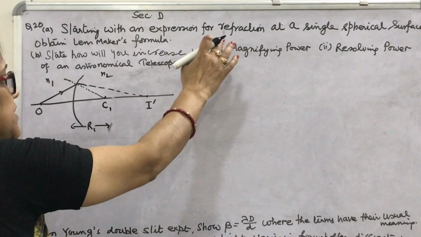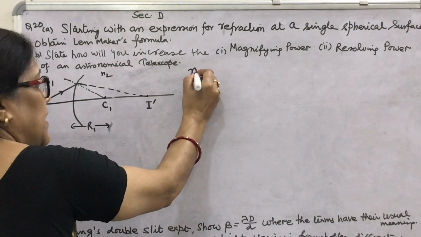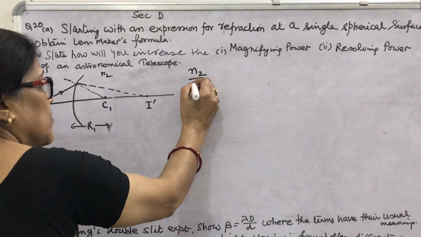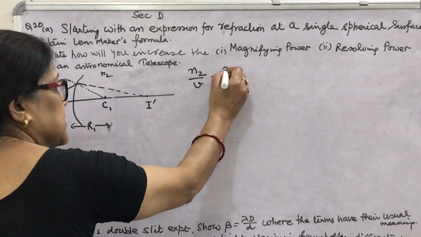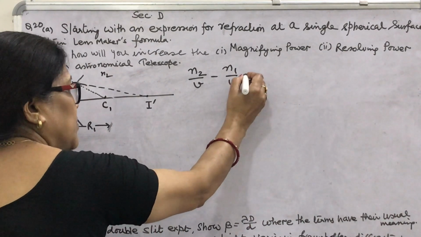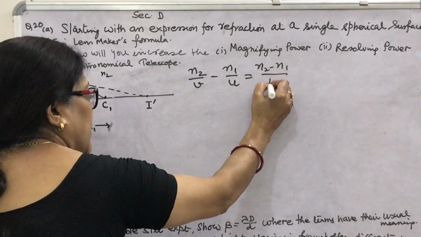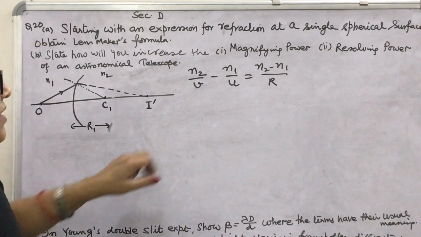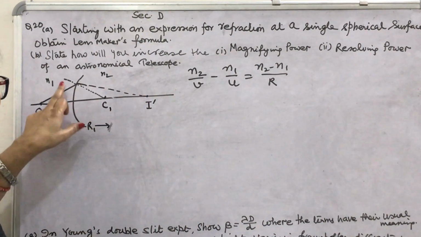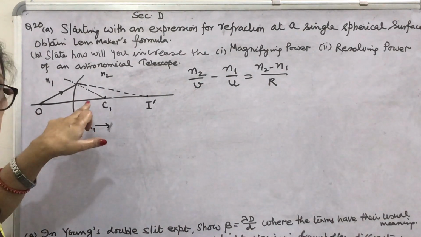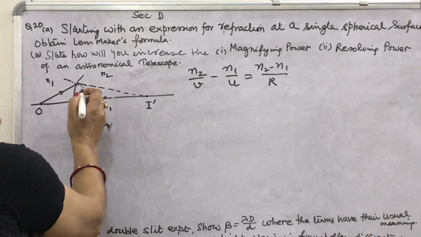What is the expression? It is written as N2 upon V minus N1 upon U equal to N2 minus N1 upon R. Learn how to derive this relation using alpha, beta, gamma angles for single surface refraction.